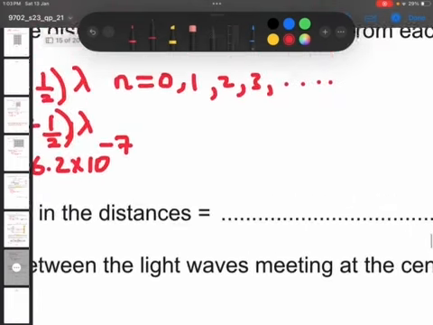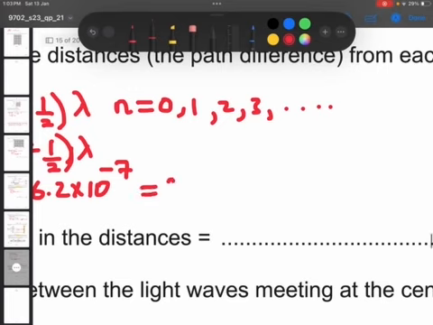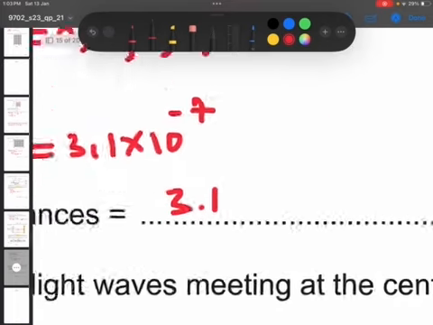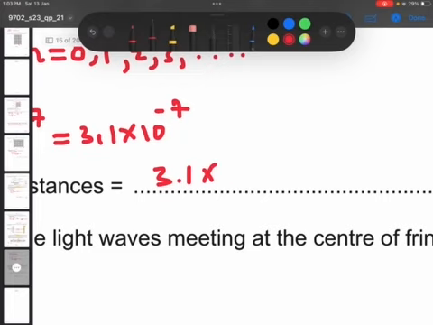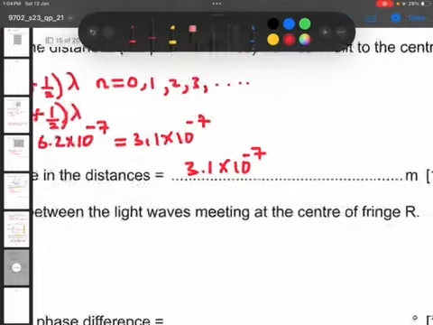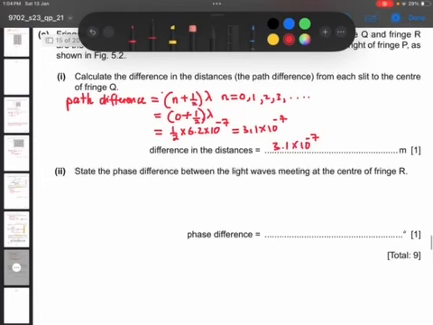This becomes 3.1 times 10 to the power of minus 7. So in the space for the answer we write 3.1 times 10 to the power of minus 7. That is the path difference of the light to form a dark fringe at Q, because that's the very first dark fringe, so the destructive interference has happened there.